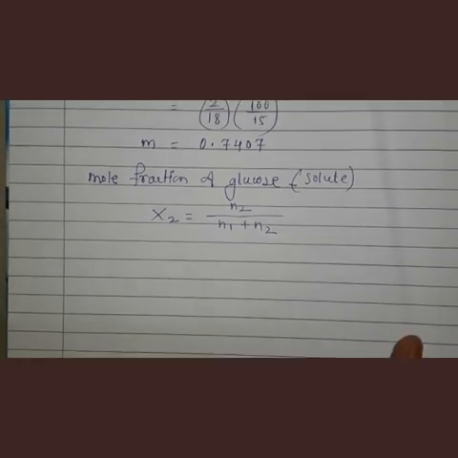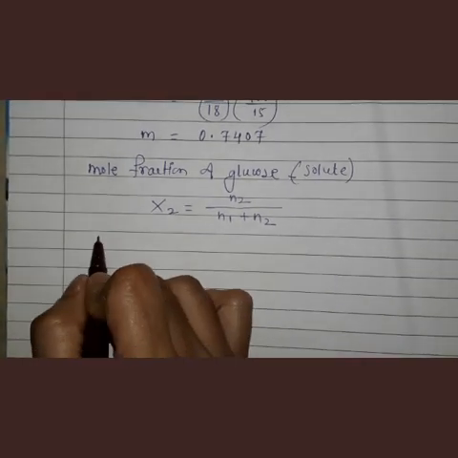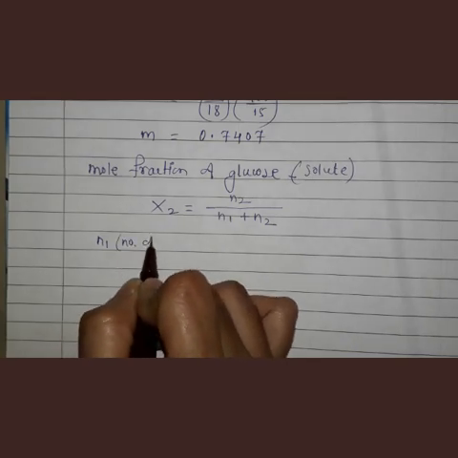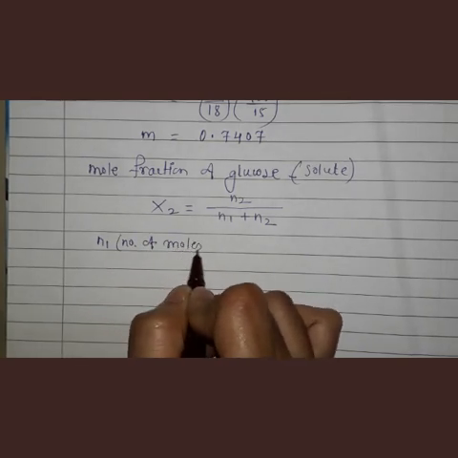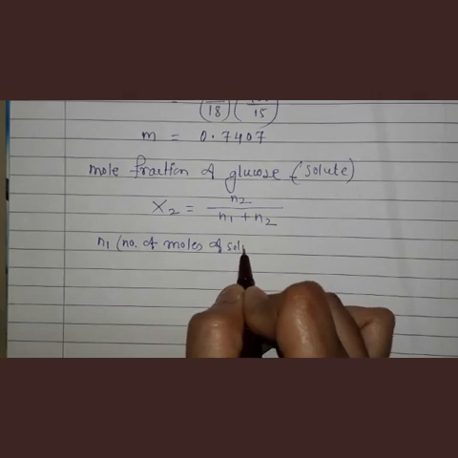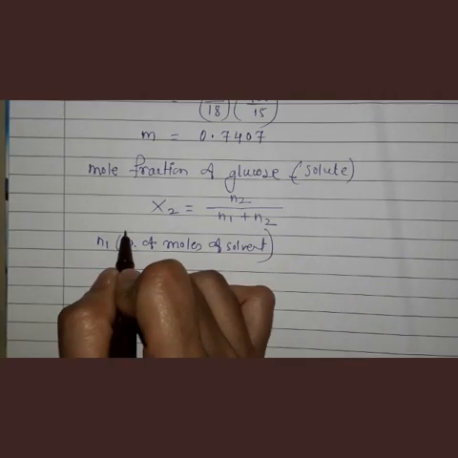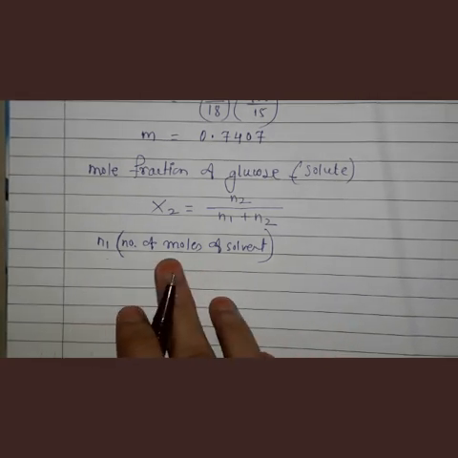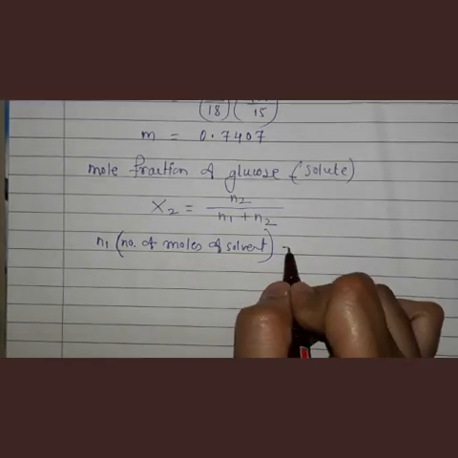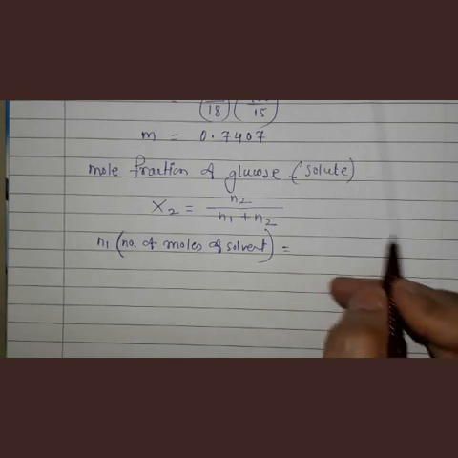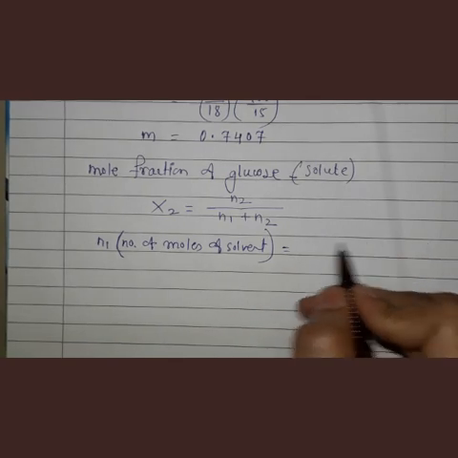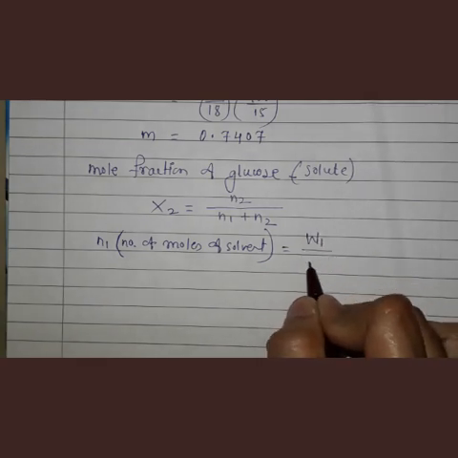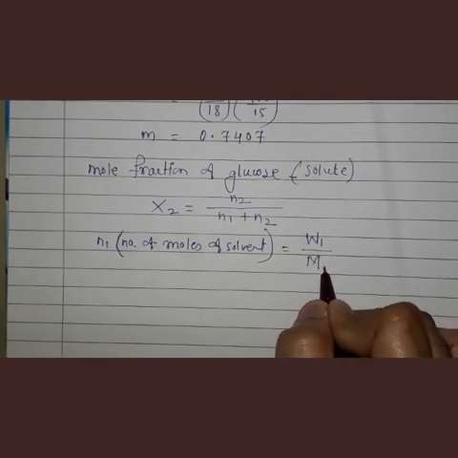So let us find N1 first. N1 means number of moles of solvent. Every time no need to write this, you should know; for your understanding I am writing it. What is the formula of number of moles? Mass upon molar mass. So N1 is equal to W1 upon M1, where W1 is the mass and M1 is the molar mass.